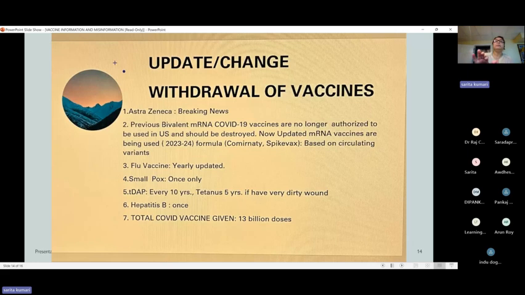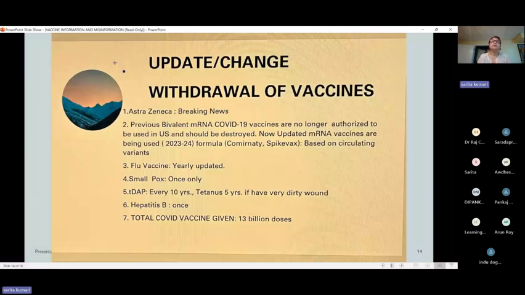An important point is that if you have a very bad wound, such as in an accident, and 5 years have passed since your last tetanus vaccine, you should take it again because it doesn't last that long. We used to see people come in for a tetanus vaccine because nobody goes for repeat ones. So ideally, every 10 years, you should take the Tdap.